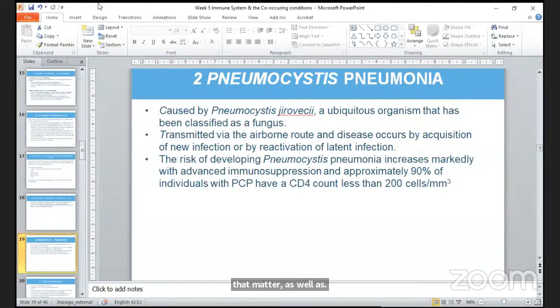Then we have another type of opportunistic infection, pneumocystis pneumonia. Before I proceed, I want to make a clear difference between this type of pneumonia and the other, common type of pneumonia. The other type is called pulmonary pneumonia.